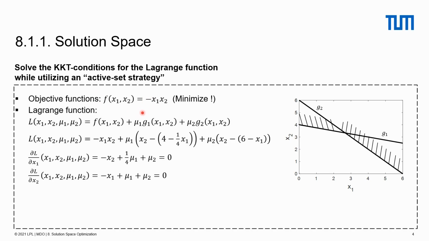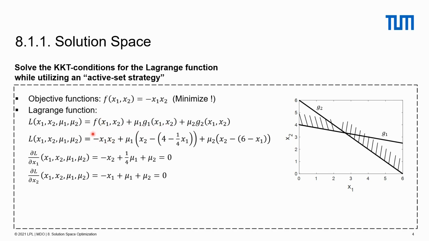And the Lagrange function is L equals the objective function plus mu1 times G1 plus mu2 times G2. We just replace the formulas for f and g.